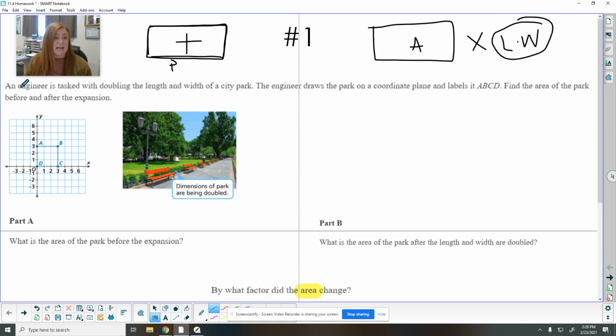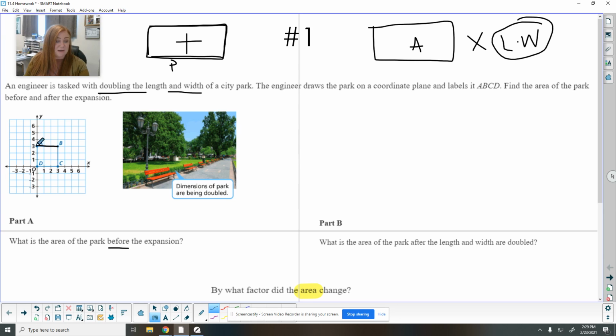Number 1 tells us that an engineer is tasked with doubling the length and the width of a city park. So he draws the park on this coordinate plane, and we want to find the area before and after. Part A asks us to find the area before the expansion. Here we're going to find the length of AB.